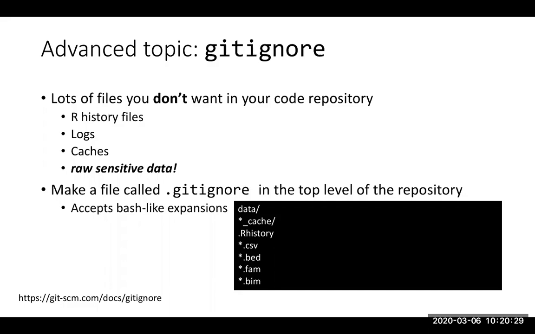So if you make a file called .gitignore in the top level of your repository, and you just give it bash-like shell expansion examples, then Git will just ignore anything with those kinds of file names. So you won't worry about accidentally committing sensitive data or other miscellaneous files to your repository.